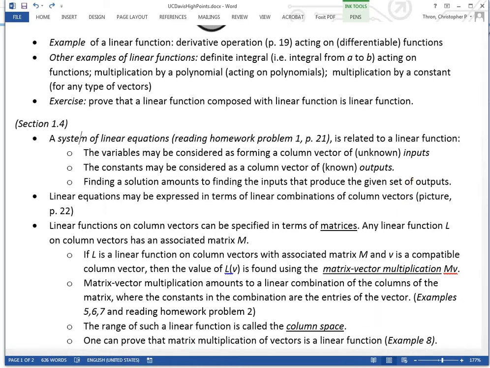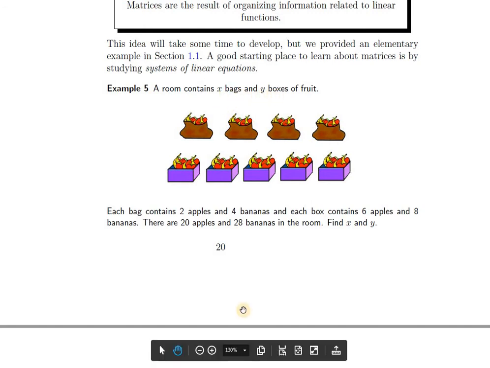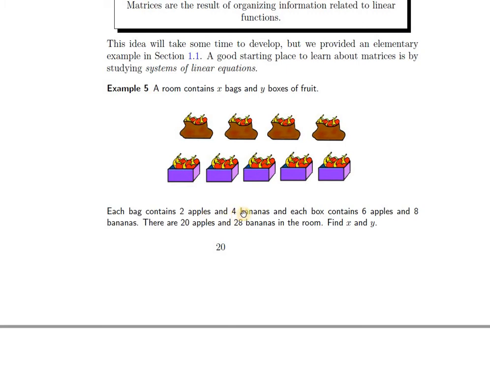All right. So he has one example here in the text. So let's go there. We have this example with boxes of fruit. And you have two unknowns, the number of bags of fruit and the number of boxes of fruit, x is the number of bags, y is the number of boxes. And you want to know how many apples and bananas total come from x bags and y boxes of fruit.